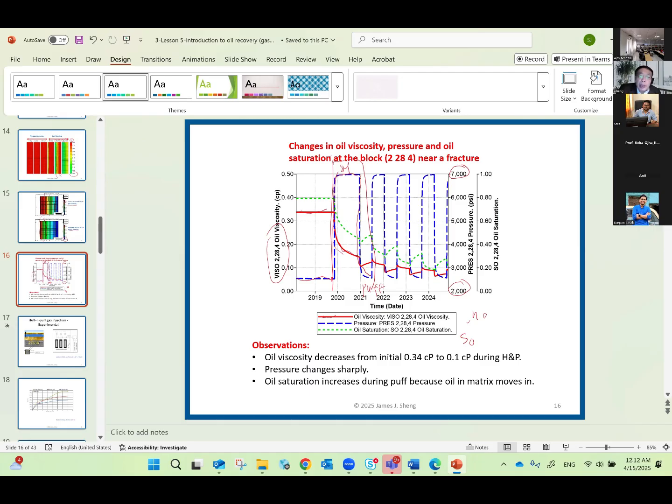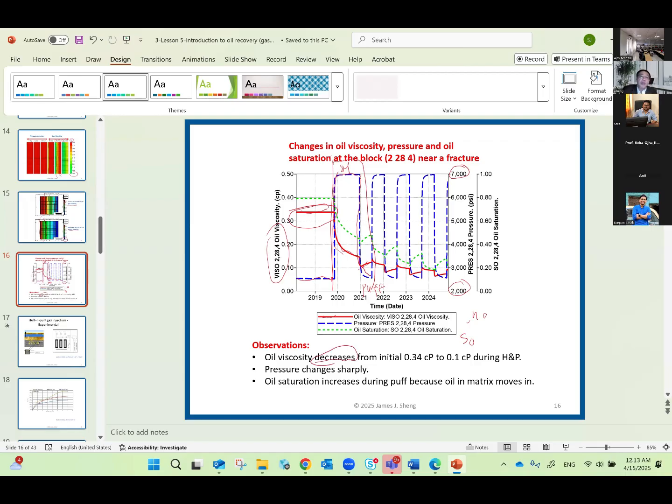During the puff, because pressure is going down, some gas escapes from the oil, so therefore oil viscosity slightly increases. Okay? Slightly increases. So that's why you can see from Huff-n-Puff that your oil viscosity is actually reduced compared to the period before Huff-n-Puff. So therefore, one mechanism during the Huff-n-Puff is that oil viscosity decreased.